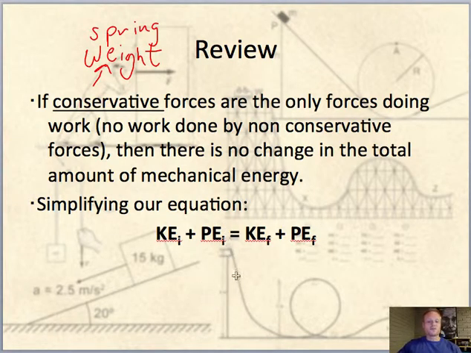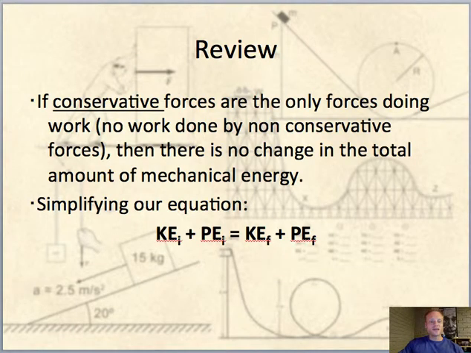Now, if you remember the old equation, if a non-conservative force was involved, we had another term right here: plus the work done by the non-conservative force. But we aren't worrying about that right now because only conservative forces are acting upon the object. Then we can just completely cancel that term out because there are no forces coming from non-conservative sources.